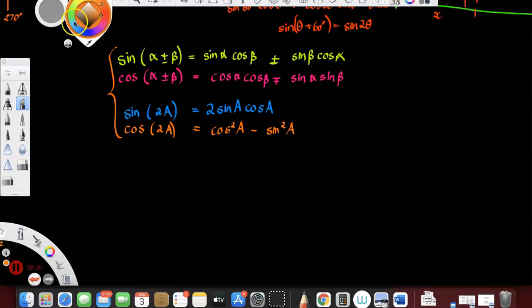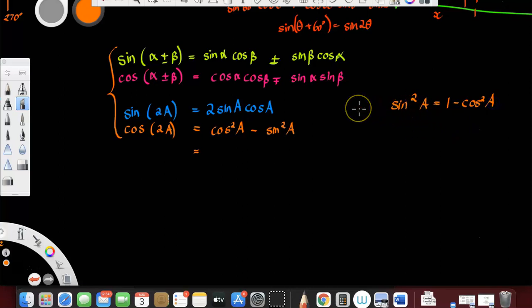Okay, and that's it. The only thing that I can maybe add to this is that this one can obviously be written in a few different ways, because I have this formula as well, that sine squared alpha plus cos squared alpha is equal to 1. So sine squared is 1 minus cos squared alpha.